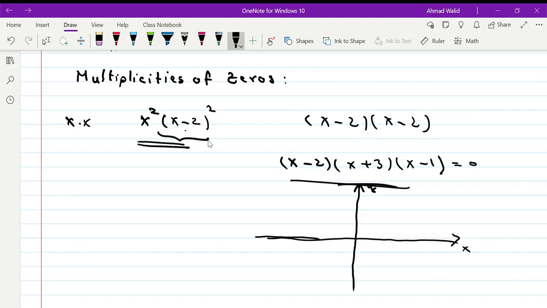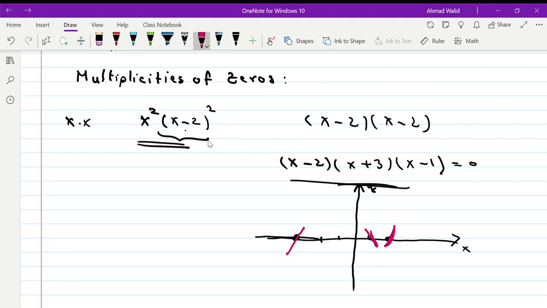One of them is 2 here, the other one is negative 3 here, and the other one is 1 here. It means the graph of your function is passing through, or crossing, the x-axis.